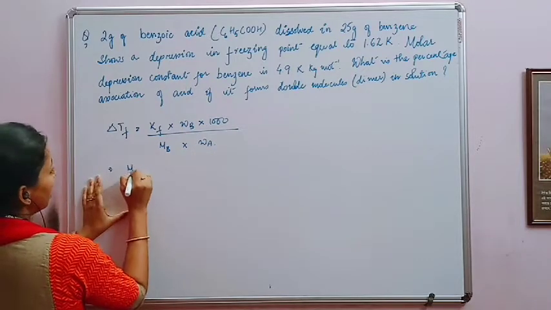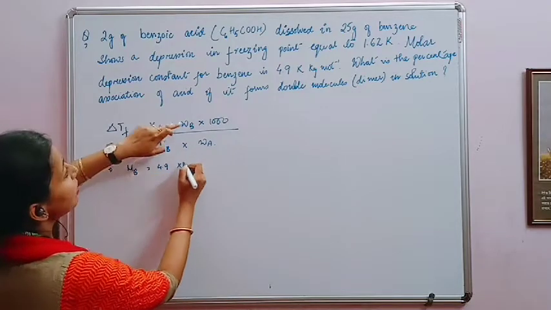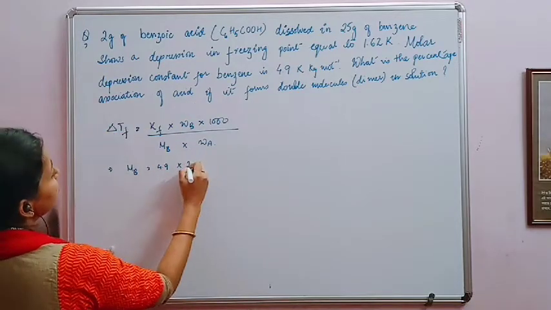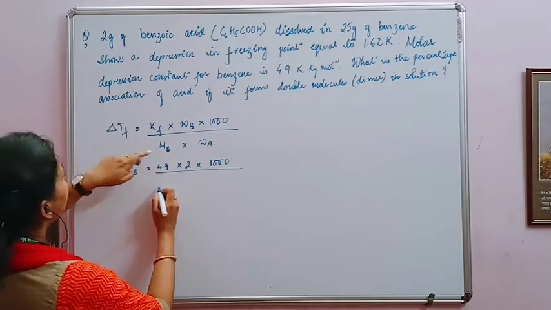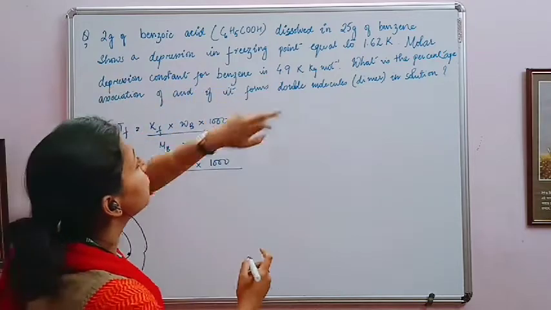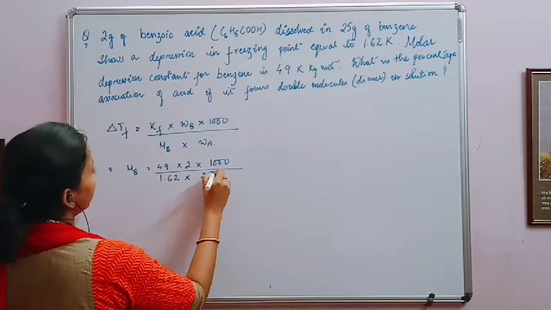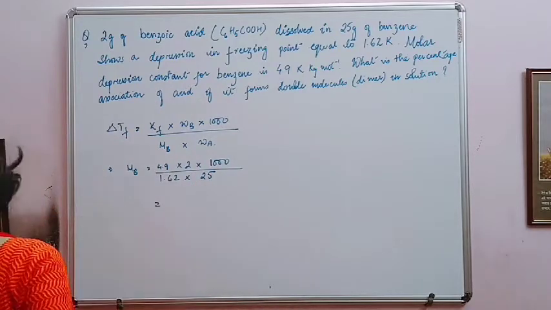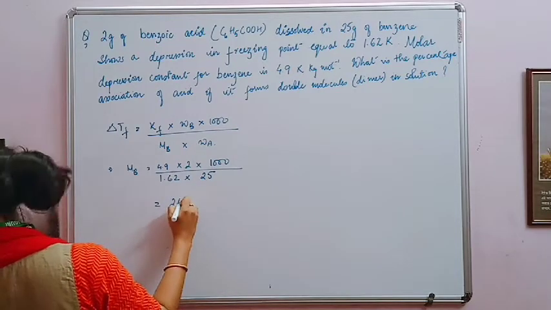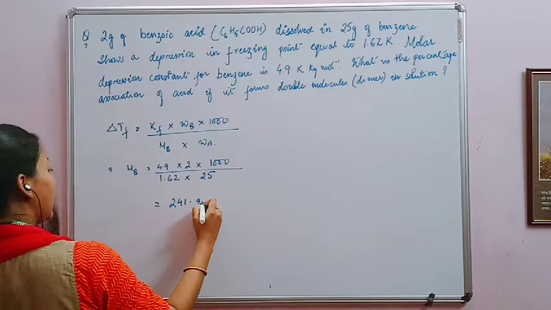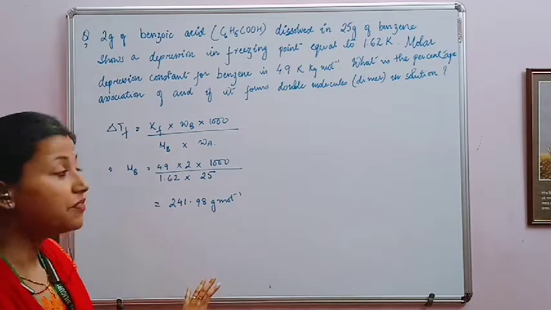Now, Mb is equal to Kf's value 4.9, Wb is 2 grams into 1000 divided by delta Tf, which is 1.62, Wa is 25. If you calculate this, you are supposed to get 241.98 gram per mole. So this is our observed molar mass.